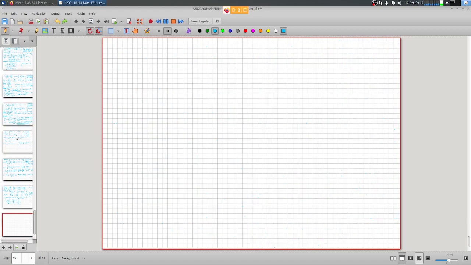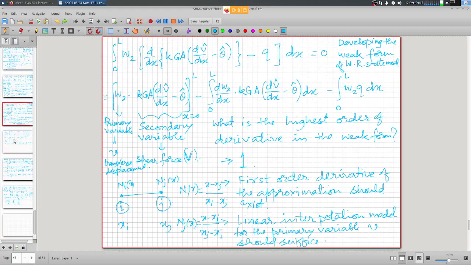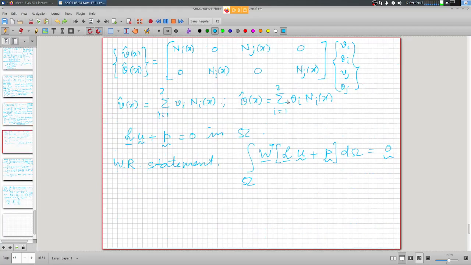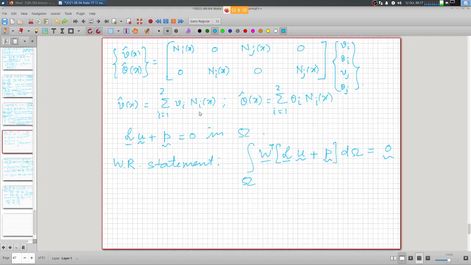So now based on that we develop the approximations, linear interpolation using first degree polynomial interpolation. Lagrange interpolation formulas are very convenient and they can be developed very easily, and the approximation can be derived as linear interpolation between two values at the nodes.